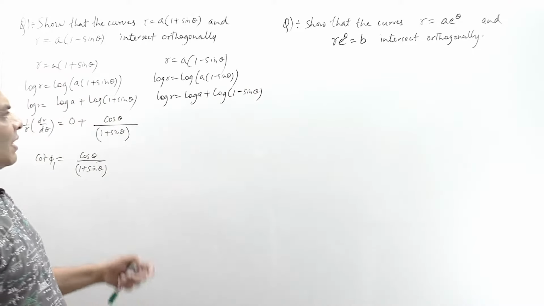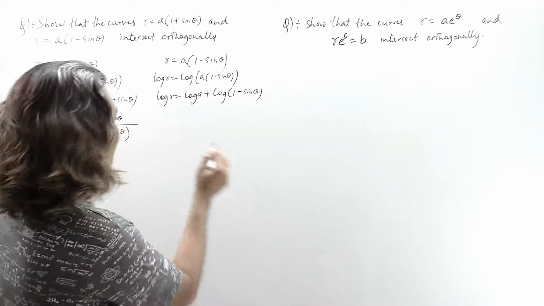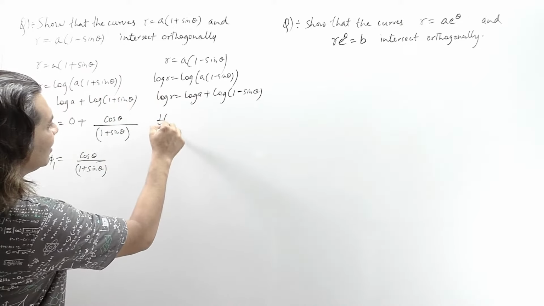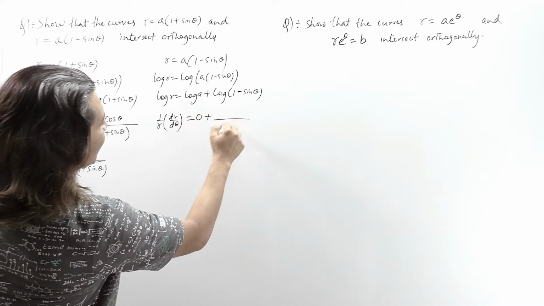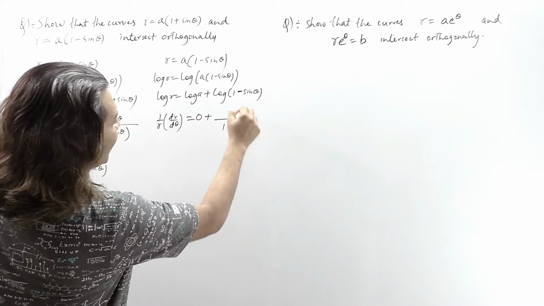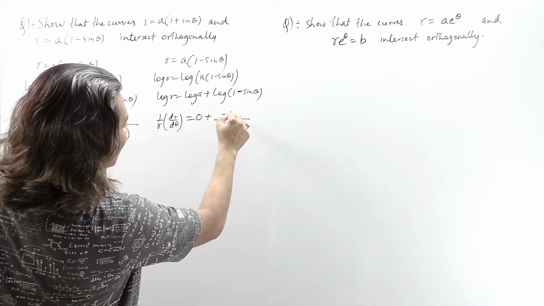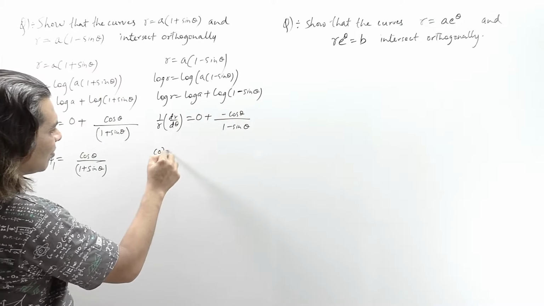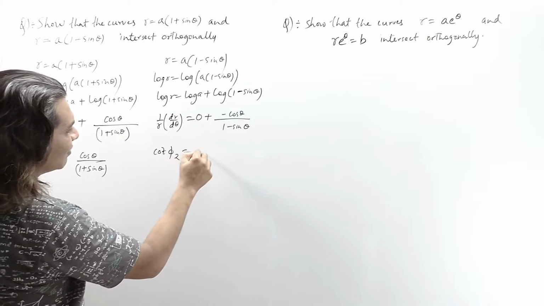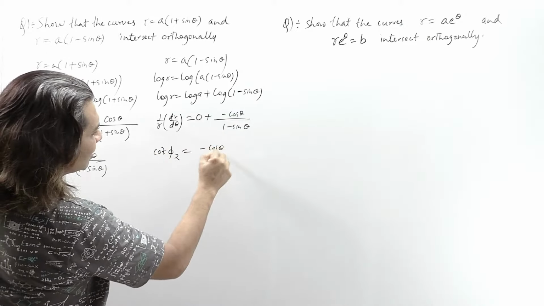Okay. Now we differentiate. That is 1 by r into dr by d theta is equal to 0 plus, again this will be 1 by 1 minus sine theta. Again differential, 1 is 0 and sine theta is minus cos theta. So here I'll take this as cot of phi 2 is equal to minus cos theta by 1 minus sine theta.